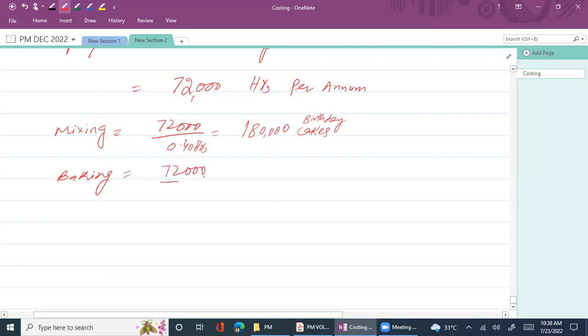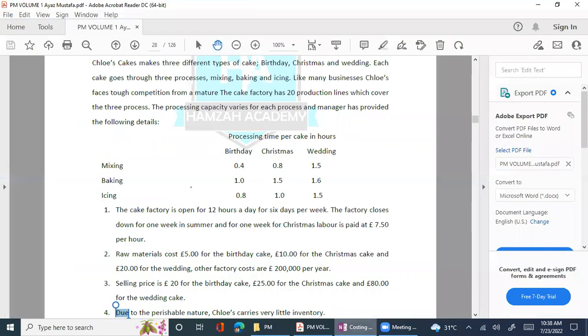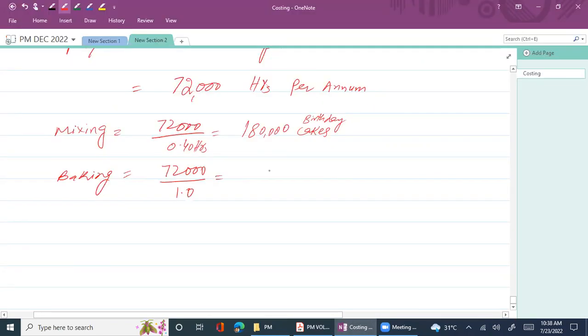After mixing, I move to baking. The baking time is 1 hour for one birthday cake, so 72,000 birthday cakes can be baked in 1 year. It means no benefit of mixing 180,000 cakes' material, because I have a limit of baking.